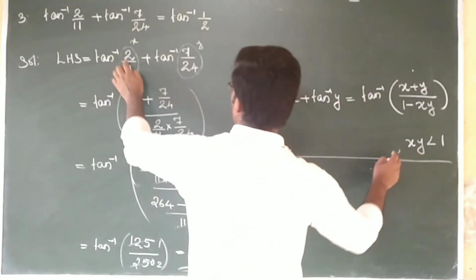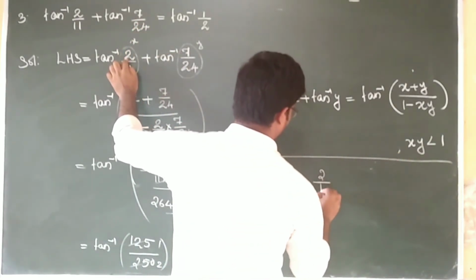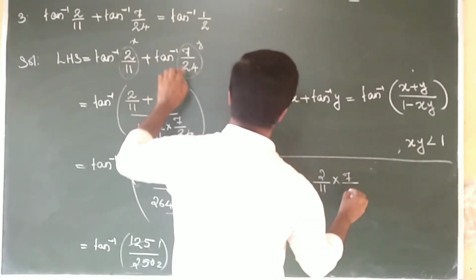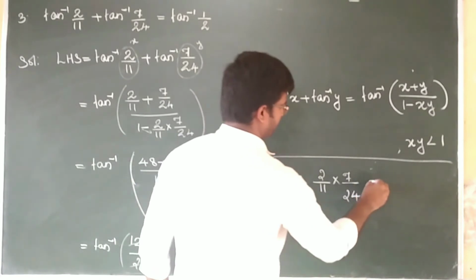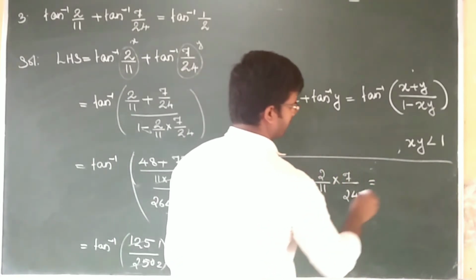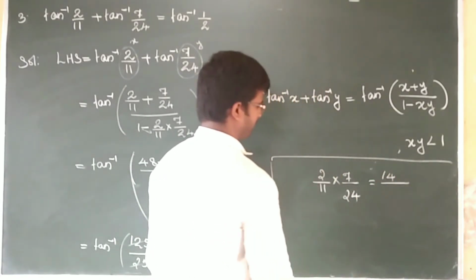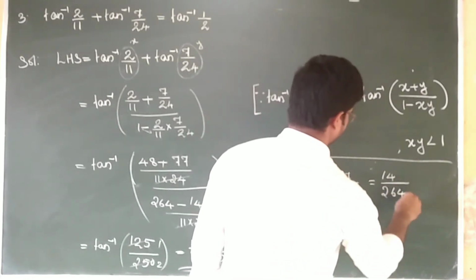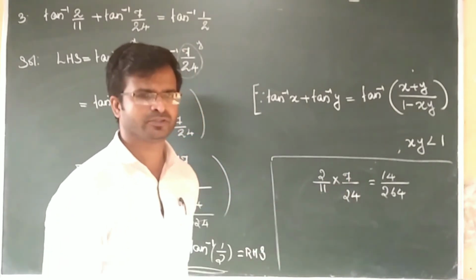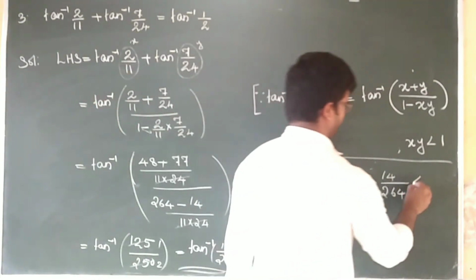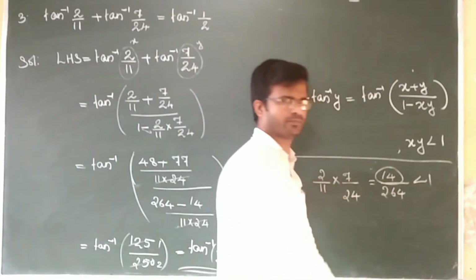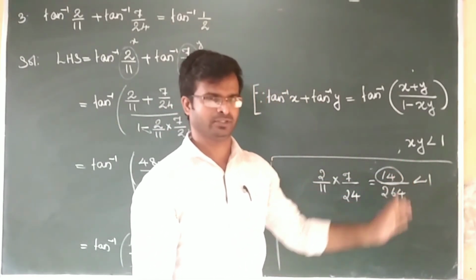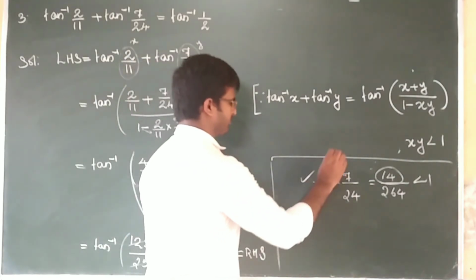X value is 2 divided by 11, into y, which is 7 divided by 24, equal to 2 into 7, 14, divided by 11 into 24. Already we did 264. So 14 divided by 264 is only less than 1, isn't it? 14 is a very small number compared to 264. When you divide, you will get less than 1. Then this condition is also satisfied.